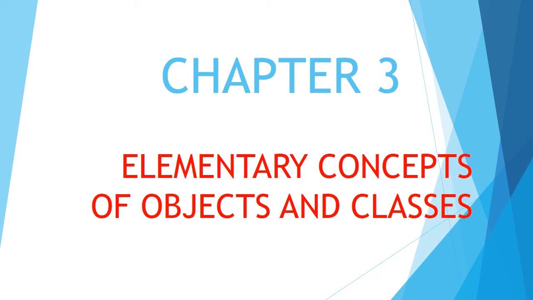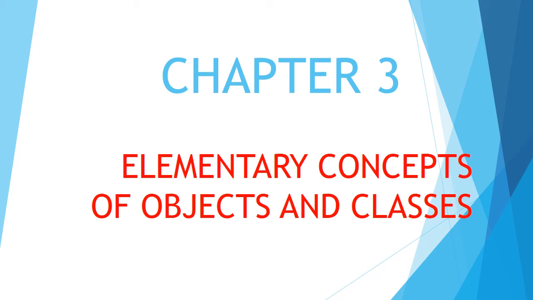An object's state is defined by properties or attributes. Just now I gave the example. So a property or attribute is a feature of the object which can be distinguished from other kinds of objects.